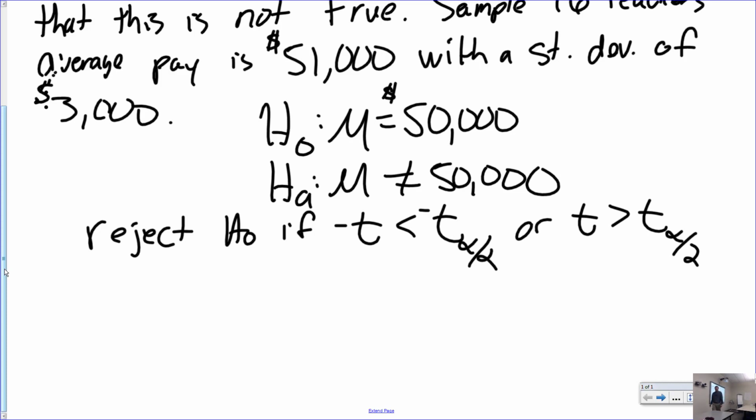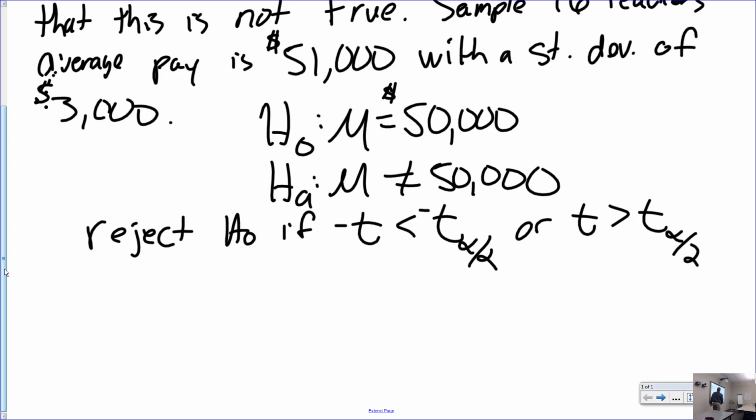And why is it alpha over 2? Because it's two-tailed, the different ends of the tail. You do the alpha over 2 when you have a two-tailed test, the equal to, not equal to. If it was just one-sided, then it would be either the one side less than negatives or the other side greater than positives, where the alpha was not divided by 2.